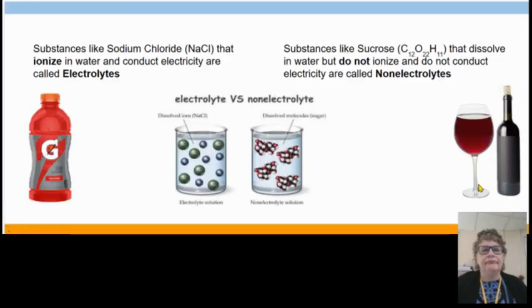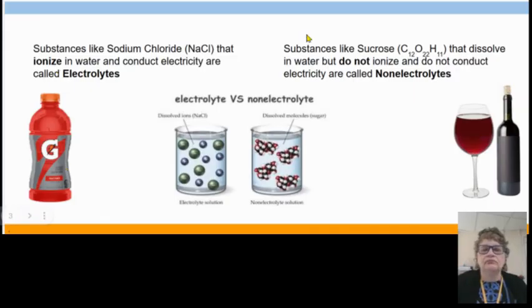Substances like sodium chloride ionize in water. That means that they break apart, like I said, into sodium and chlorine ions. When they do that, and if they conduct electricity, well, most ions do, they are called electrolytes. So Gatorade is an ionized solution.